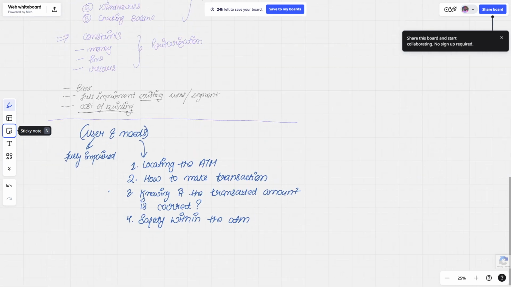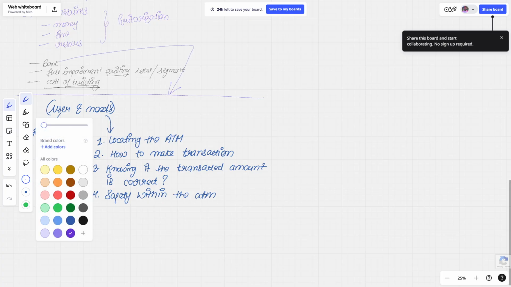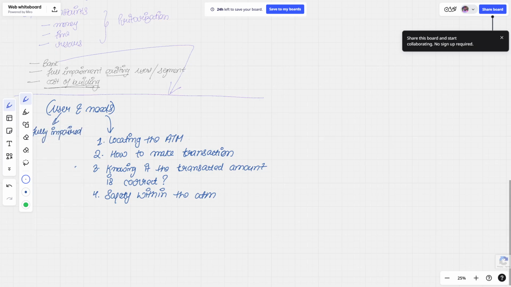And let's dig a little more into these pain points. We have understood the pain points of the user, and because we are solving as a bank, this has to be kept in mind. So let's talk about these four pain points and what we can solve and what we need to resolve.